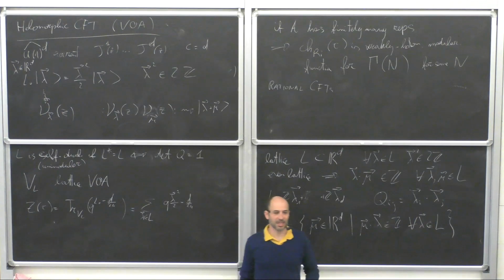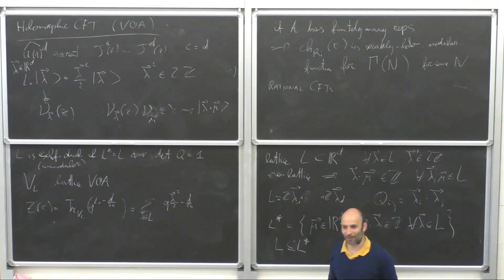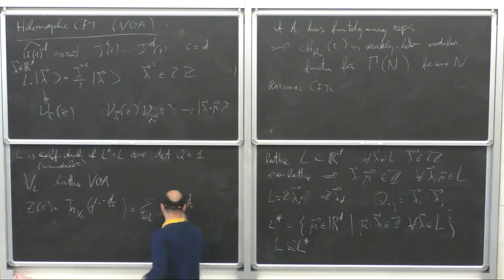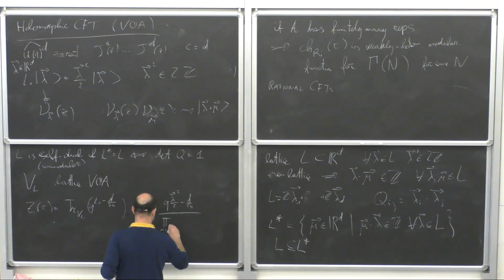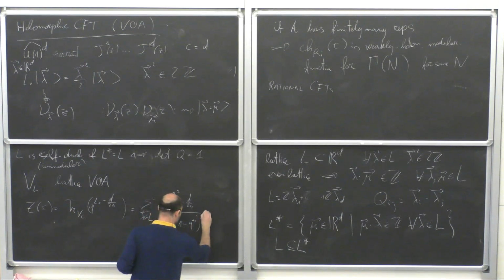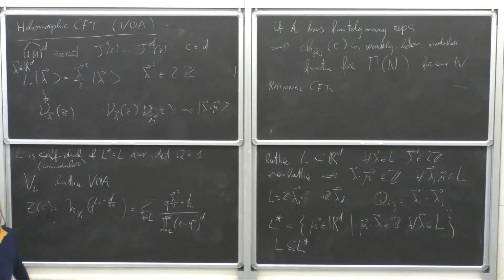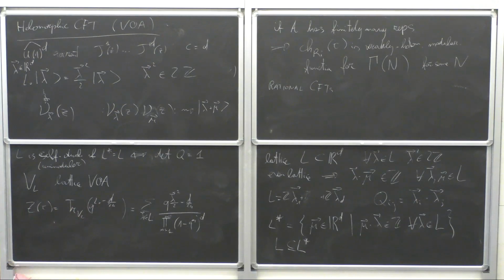What you get from all the oscillators is just a product from n equals 1 to infinity of 1 minus q to the n, to the power d, because you have the different kinds of oscillators. That's exactly the same calculation that Oliver did yesterday.